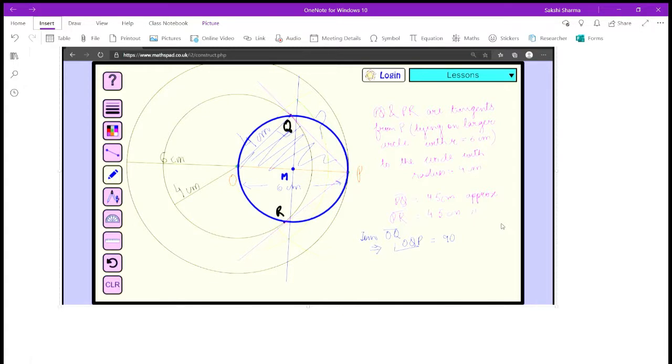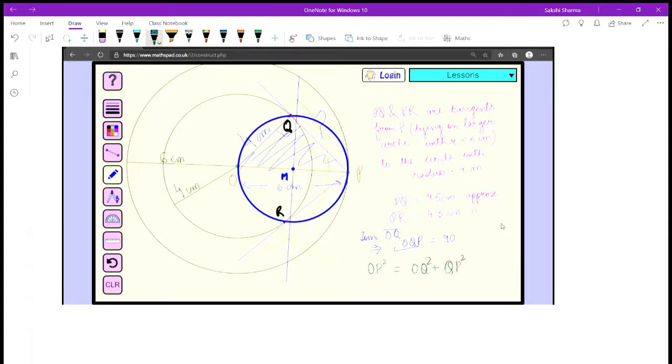Since angle OQP is 90 degrees, we can use Pythagoras theorem in this right triangle. So by using Pythagoras theorem, we will have OP squared equals OQ squared plus QP squared. OP is 6 and OQ is 4.